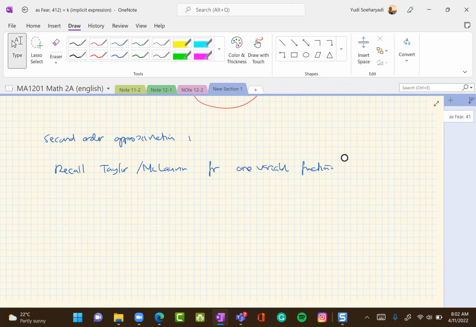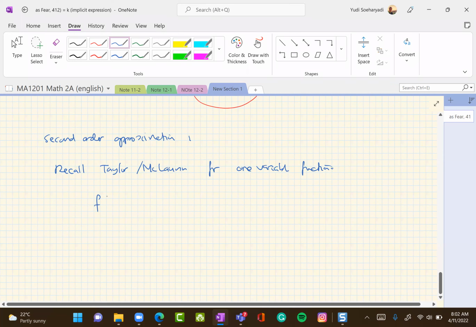So the function f of x is approximated on the order 2 around x0.